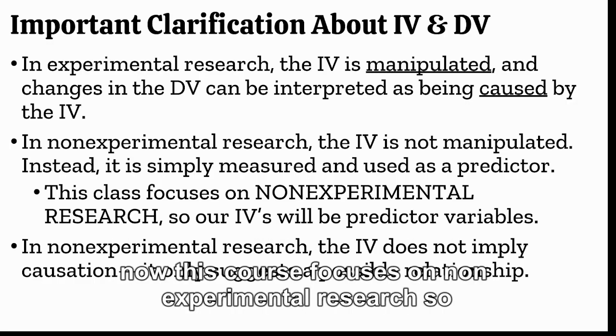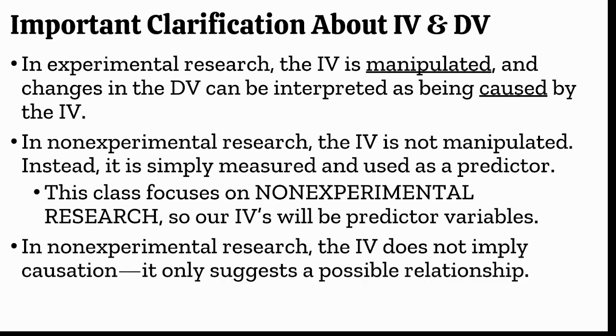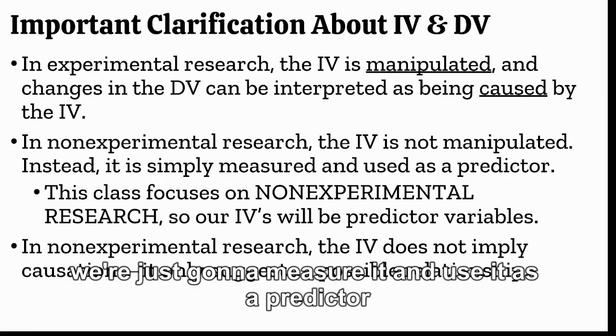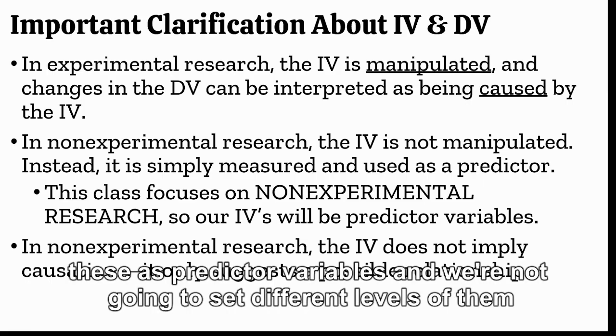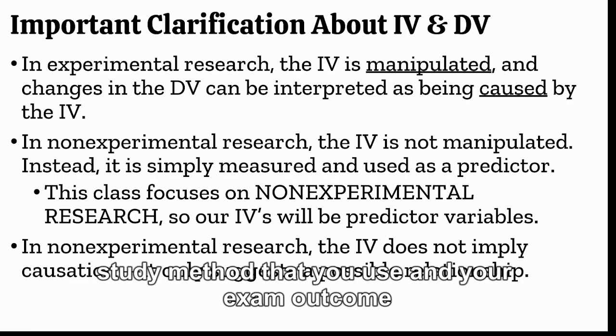Now, this course focuses on non-experimental research. So in non-experimental research, your IV is going to be measured in the way that it is presented. It is not manipulated. We're just going to measure it and use it as a predictor. So this class is going to focus on those IVs as predictor variables, and we're not going to set different levels of them. We were looking at earlier the type of study method that you use and your exam outcome.